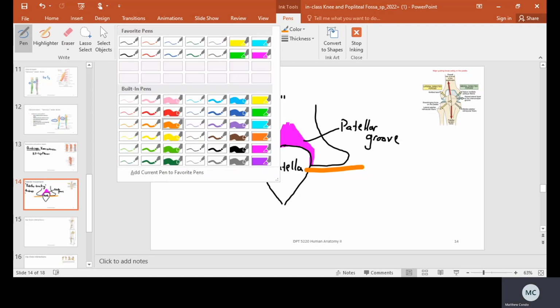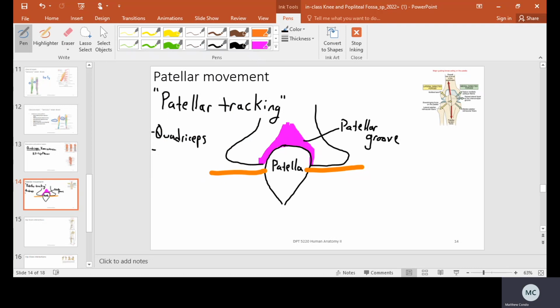And these bands are called the retinaculum. Okay, so we're going to have a medial retinaculum, and we're going to have then a lateral retinaculum.